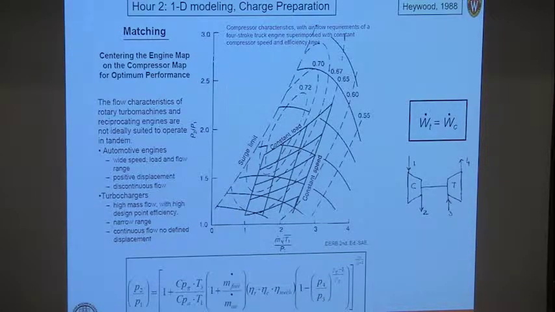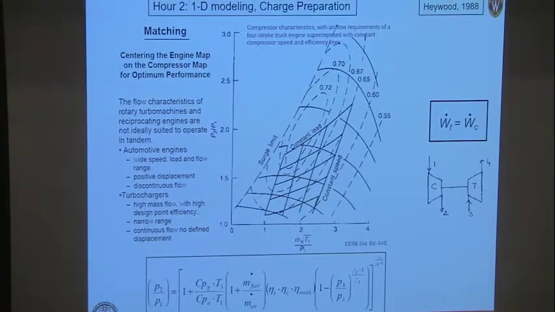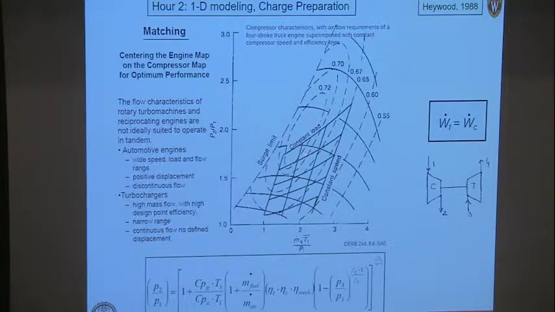If I look at my breathing lines, I can also look at what would be required at constant load and at constant speed of the engine itself. And I want to make sure that this map, which represents the load range and the speed range of my engine, falls squarely inside the compressor chart as I've tried to show you here. This one is not quite arranged well. I would actually want to move this up to capture more of the high efficiency part of the compressor.